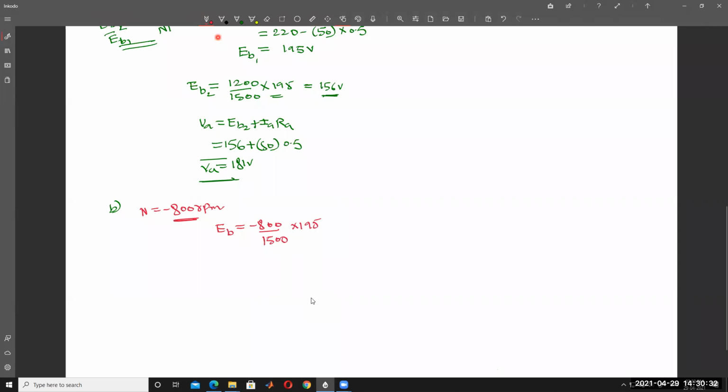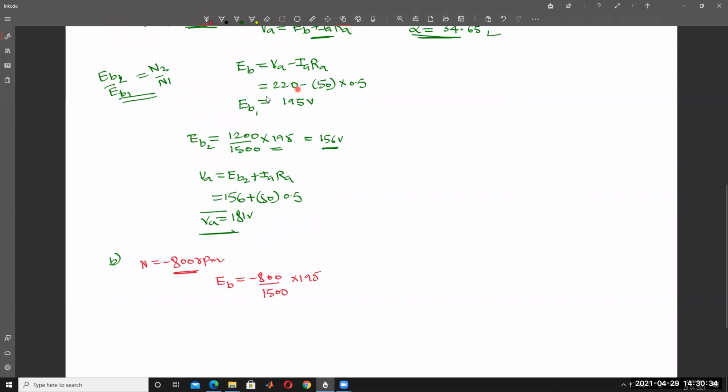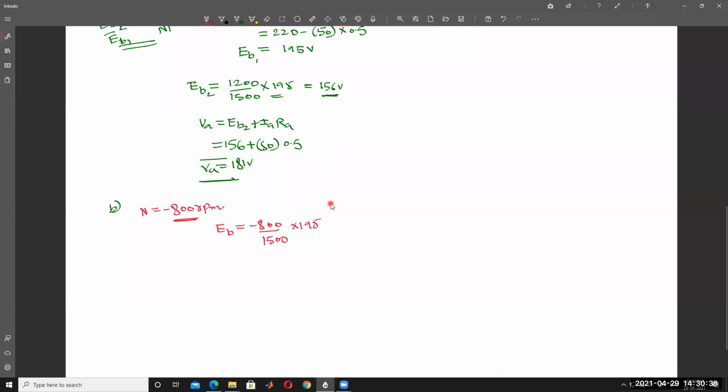You know well, EB1 from this is equal to the same 15 to 1. So then we'll get minus 104, I think. So volts EB is equal.